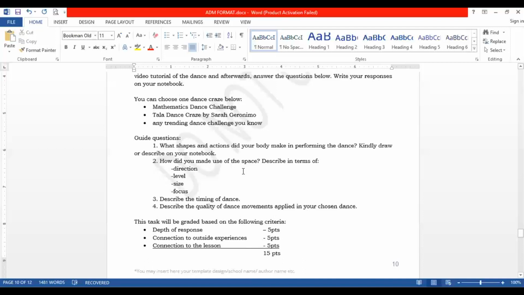Why? Because number 1, we used movement, and we fulfill the LC, the learner engages in moderate to vigorous physical activity. And at the same time, we introduce them the different concepts that were discussed. I mean, we measure the level of mastery nila doon sa mga concepts na diniscuss natin on the first part of the module.